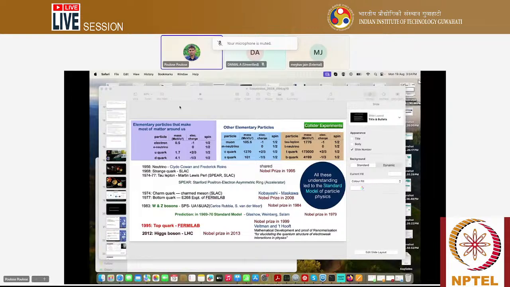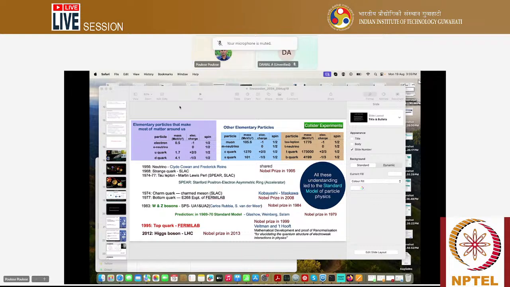And I have listed here the different experiments which have actually discovered some of these elementary particles. In fact, many of these have been shared Nobel Prizes for their discovery.